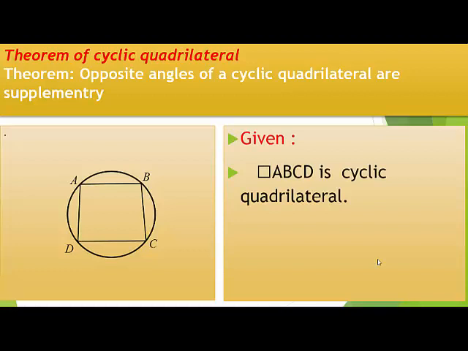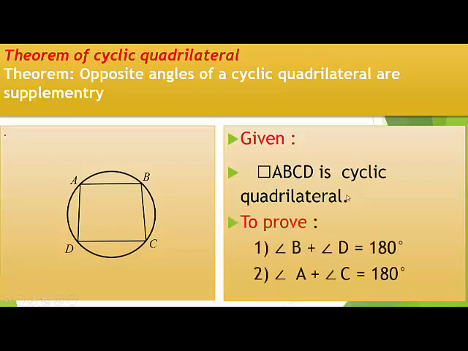We see the given part first: quadrilateral ABCD is a cyclic quadrilateral. Now to prove, in this figure, angle B and angle D are opposite angles, and you prove that angle B plus angle D is equal to 180 degrees. Similarly, the second statement, angle A plus angle C is equal to 180 degrees. Now we see how to prove this theorem.